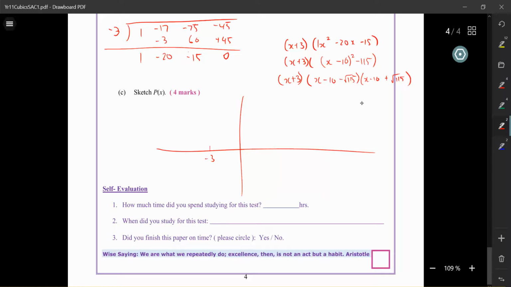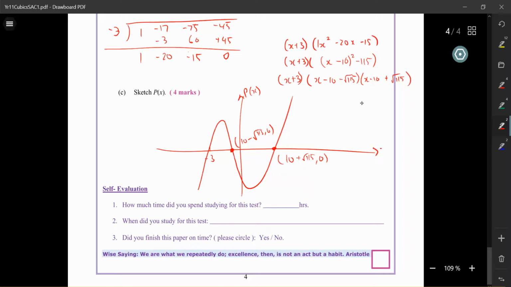So maybe this is obviously in the positive region. All right, so it probably will look like that. Something like that, where this point here is 10 plus root 115 when y is 0, and this point here would be 10 minus root 115, y is 0.